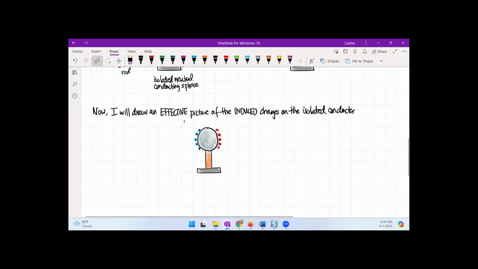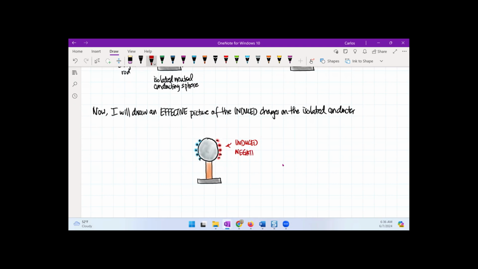So now the language is like this. I'm actually going to move this down just a tiny bit. I need a little bit more space. This is what we say is that this is induced negatively. This guy over here is induced positively.